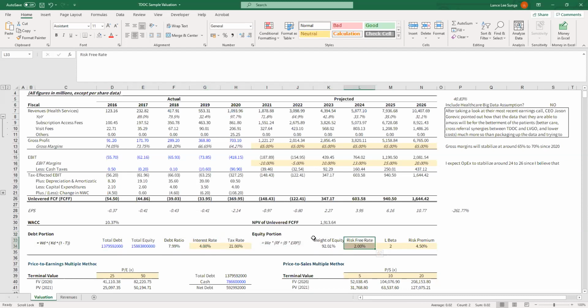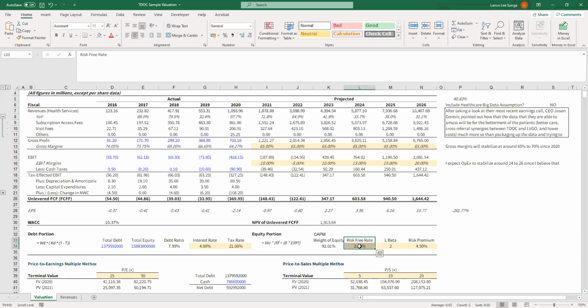And then for the equity portion, it can also be named as the CAPM model, capital asset pricing model. And the formula for that is the weight of debt times risk-free rate plus the beta times equity risk premium. Right.